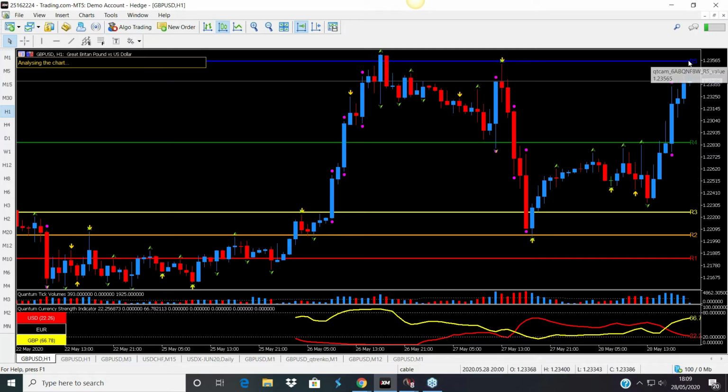How you play it when the price gets to this level really depends. Obviously, if you've got the CSI, there could be a potential for a reversal trade. Maybe. I'm not sure about tonight because we're going into a very quiet part of the trading day, and it would depend what happens overnight in Asia.